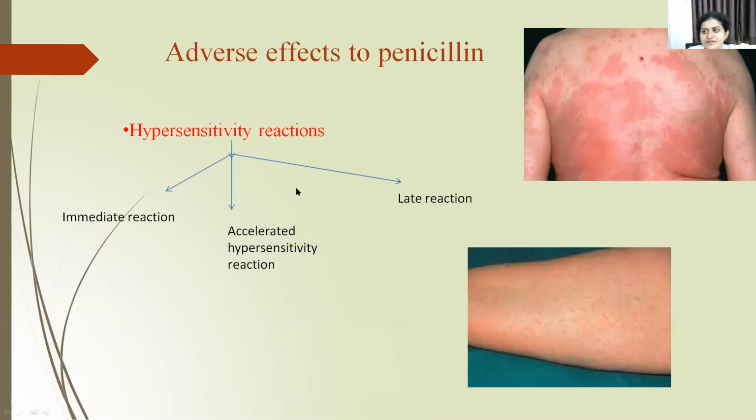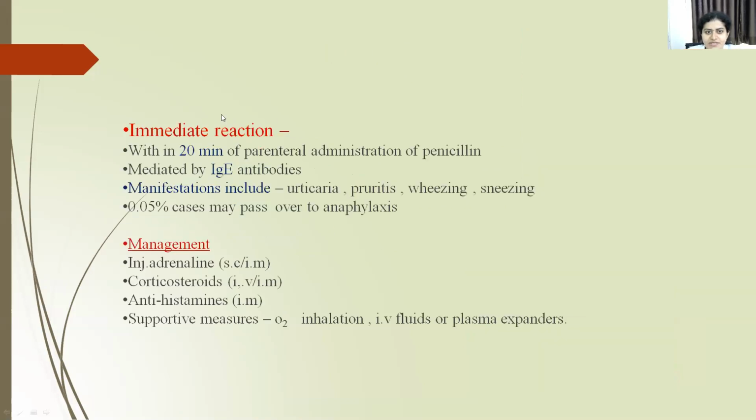Now come to adverse effects of penicillin. There are mostly hypersensitivity reactions to penicillin. It can be immediate, accelerated or late. The immediate reaction occurs within 20 minutes of parenteral injection of penicillin, and this is mostly mediated by IgE antibodies.